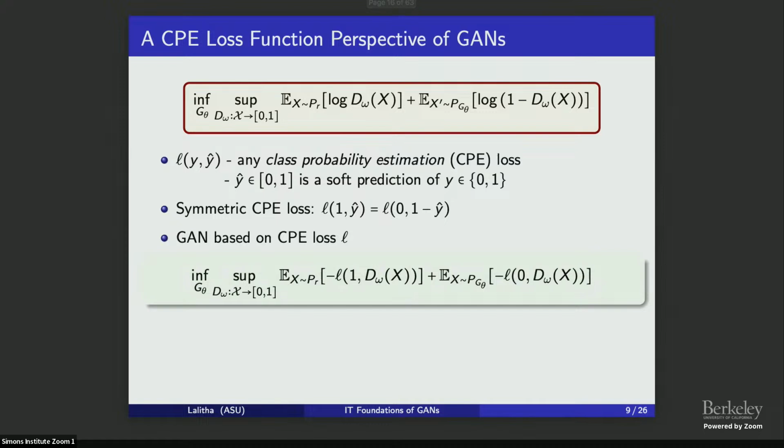So what am I doing here? I am replacing log D of W by some loss. And I have a negative here because the discriminator is a classifier, so it's minimizing some loss, and since we've written this game form as a supremum, I just take a negative.